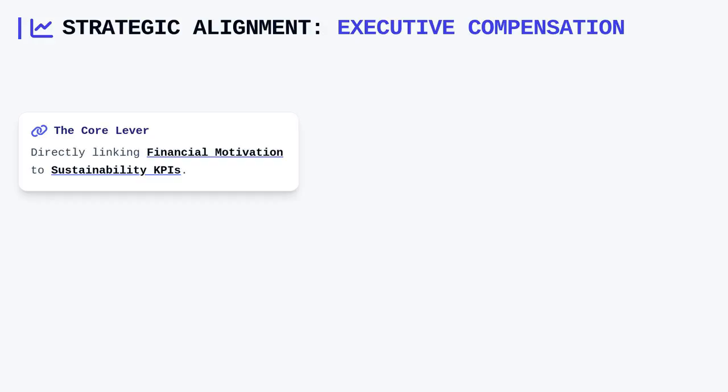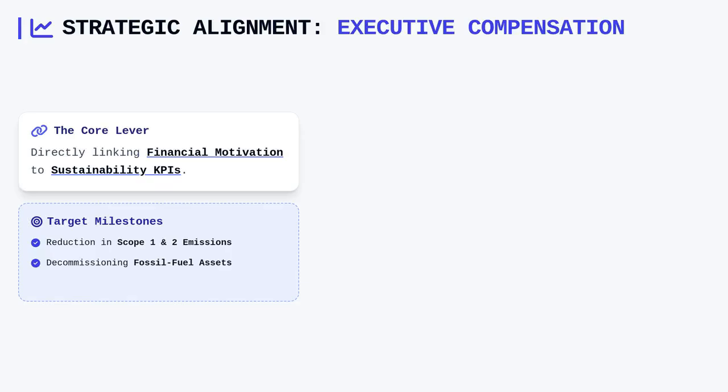One of the most potent levers for ensuring this cultural and strategic alignment is the direct linkage of executive compensation to sustainability performance. By tying pay to KPIs, organizations ensure that leadership teams are financially motivated to meet specific environmental milestones. These milestones often include reductions in Scope 1 and 2 emissions, the successful decommissioning of legacy fossil fuel-dependent assets, or the achievement of specific ESG rating improvements.